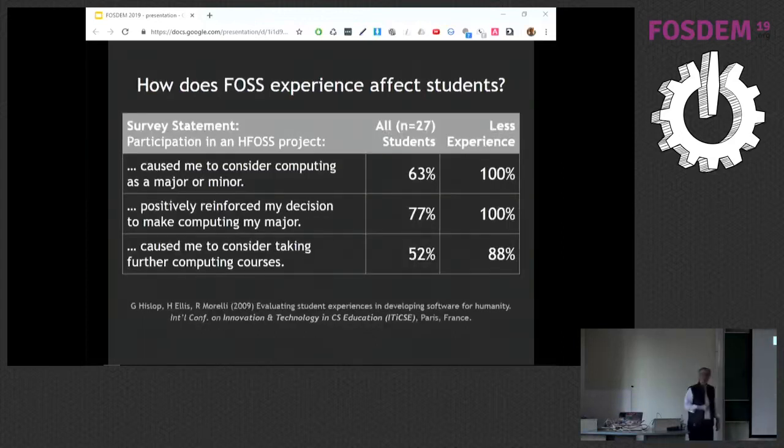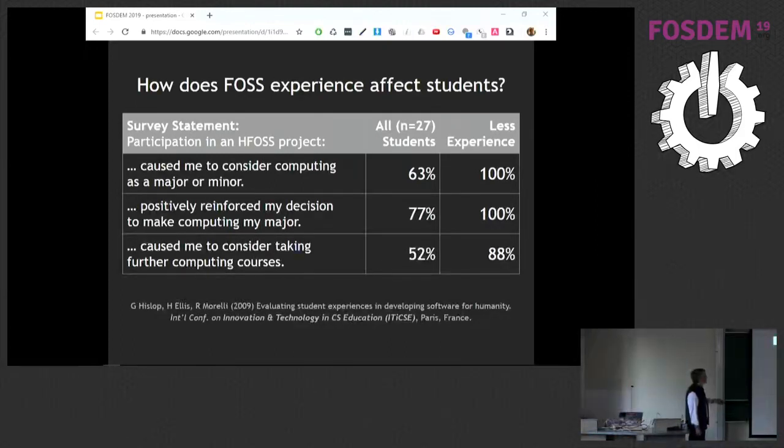There's actually a little bit of data to support this. So this was a study. Students participated in a humanitarian open source project. At the end of the course, 63% said it caused me to consider this as a major, 77% said it reinforced my decision, 52% said it caused me to take more courses.